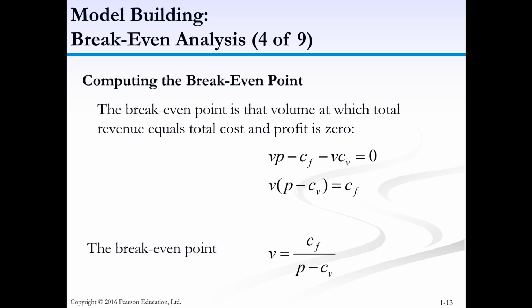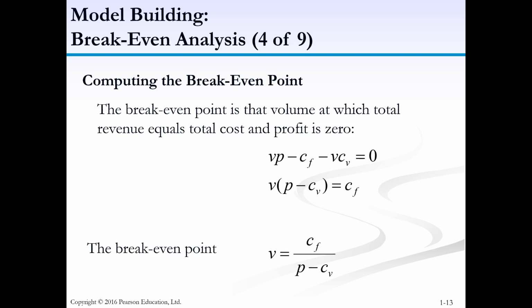Now to compute the break-even point, we said that the profit should become equal to 0. So when we make it equal to 0, we can just manipulate this equation and find the break-even point. The break-even point gives us the volume, the number of units to produce, equal to fixed cost divided by the selling price minus the variable cost per unit.